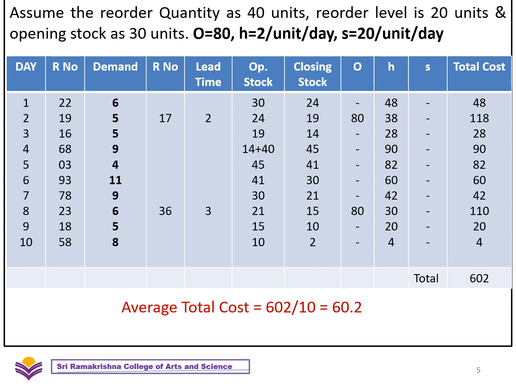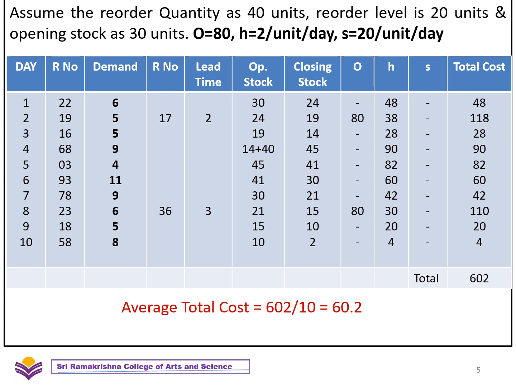The random number 68 corresponds to a demand of 9. 3 corresponds to a demand of 4, and the rest 11, 9, 6, 5 and 8. So this is how we simulate the demand using the random numbers and the random tags that we have assigned.